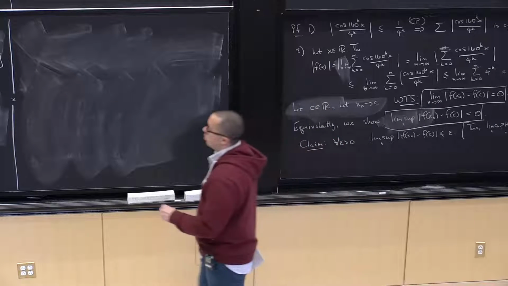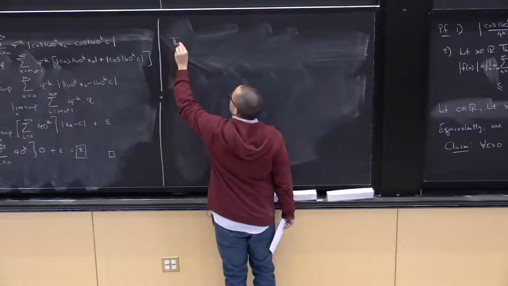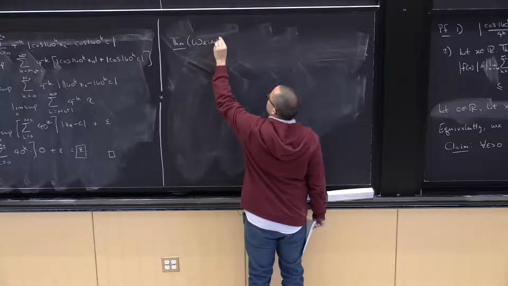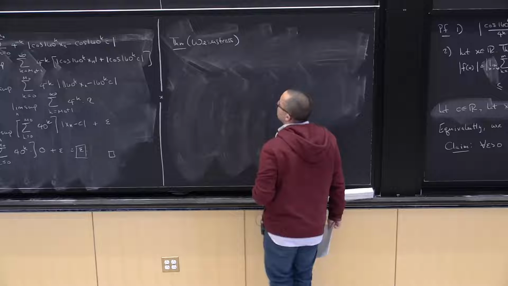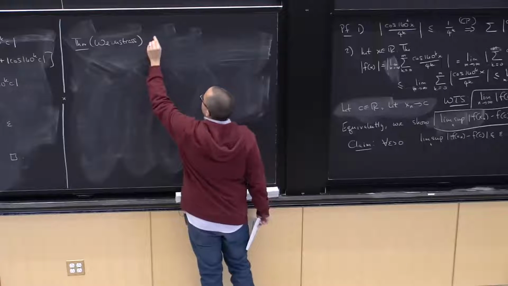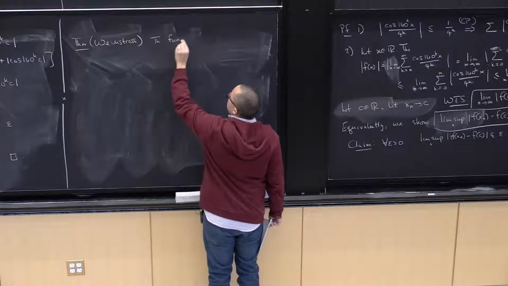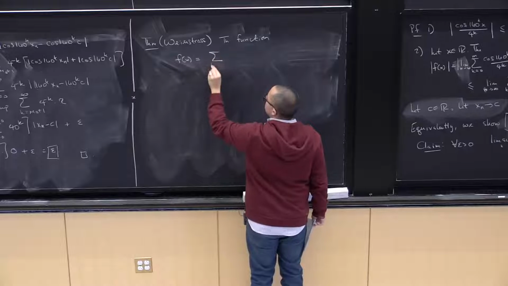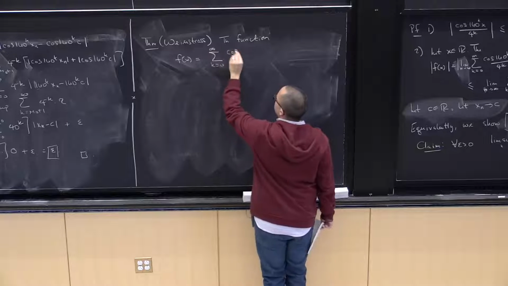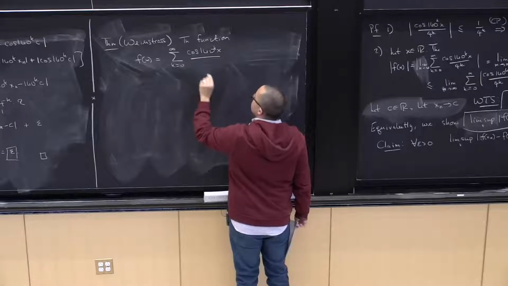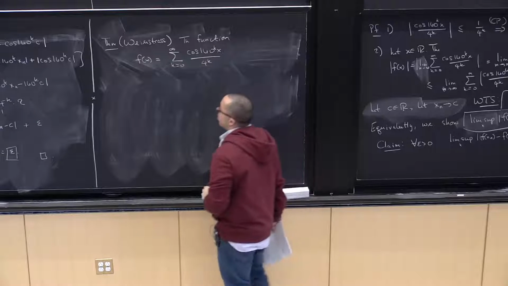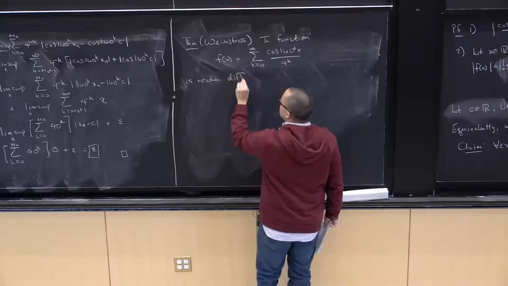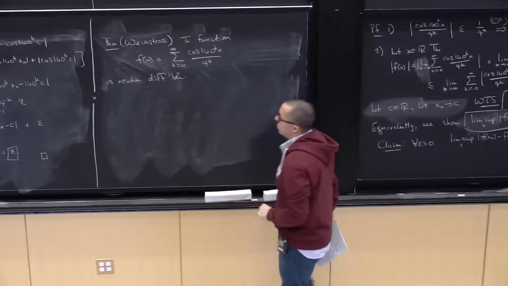Now we're in a position to prove the final theorem that we want to prove, and this is due to Weierstrass. The function which we've been studying, f of x equals sum from k equals 0 to infinity, cosine 160 kx over 4 to the k, is nowhere differentiable.